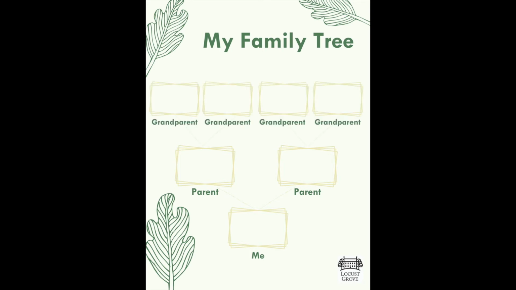So you'll put all four of your grandparents above your parents. Now, don't forget, if you have where they were born and their birthdays, you would put that information with them as well. This way, you can continue building on your family tree with your grandparents' parents.